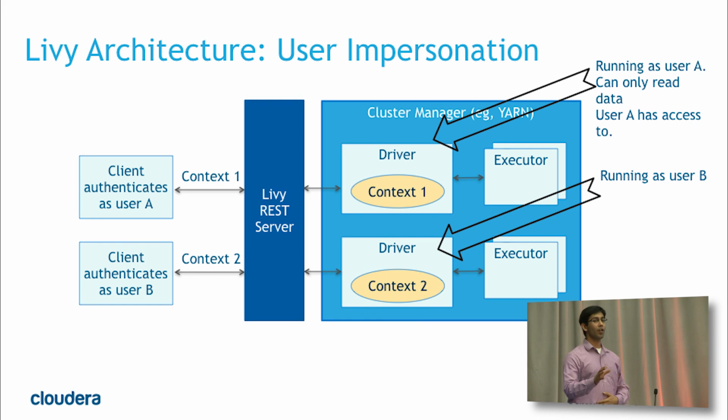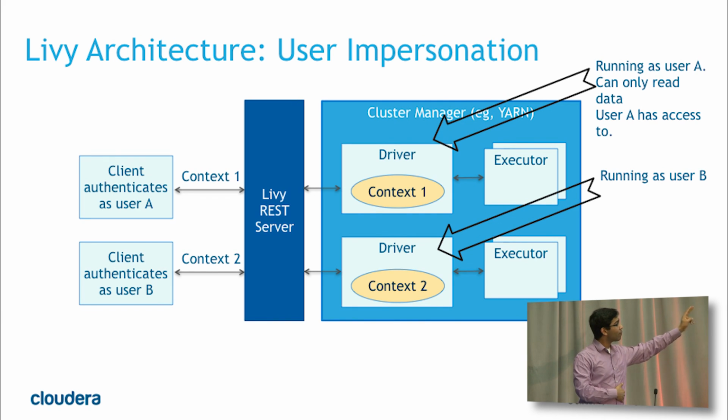Now let's look at another important enterprise feature, security and user impersonation. With Livy, clients can authenticate themselves as a specific user, and then start up contexts that run as that specific user. So each context, the jobs that are run on that context, only have access to the data sets that the client that started the context has access to.